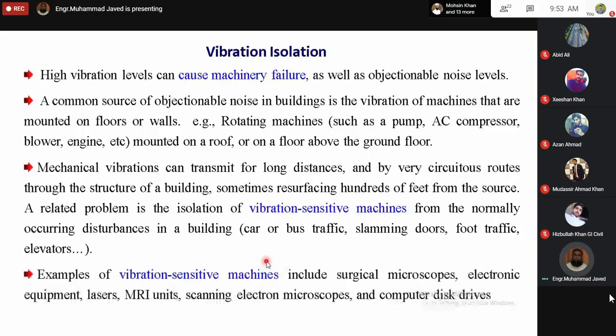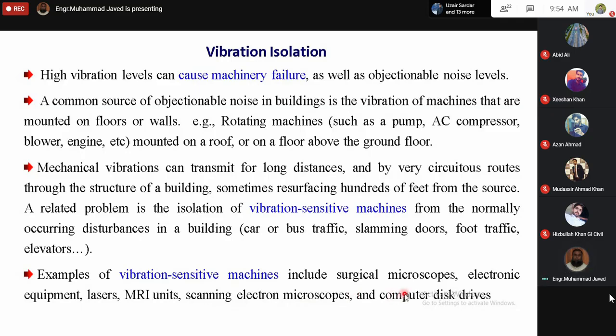इसी तरह बाज़ औक़ात इक्विपमेंट्स जो होते हैं, these are sensitive to vibrations, तो वो इंस्ट्रूमेंट जहां पर इंस्टॉल्ड होते हैं वहां पे फिर हम इसका अरेंजमेंट प्रोवाइड करते हैं कि जो सराउंडिंग से वाइब्रेशन है वो उन इंस्ट्रूमेंट्स तक या तो पहुंचे ना, या अगर पहुंचती भी है तो उसकी इंटेंसिटी काफी कम हो। तो वो मशीन which are sensitive to vibration, these include surgical microscopes, electronic equipment, lasers, MRI units, scanning electron microscopes, computer disk drives.